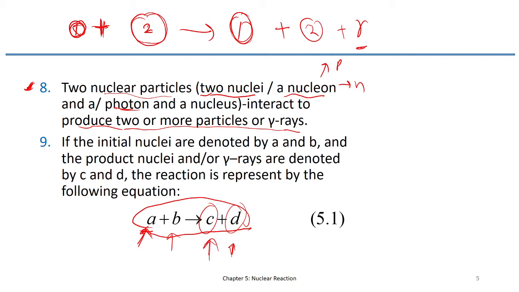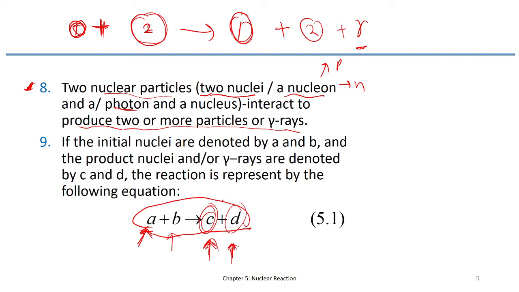So the product, the first entity of the product is this one, C as well, and then the second entity of the product, D.